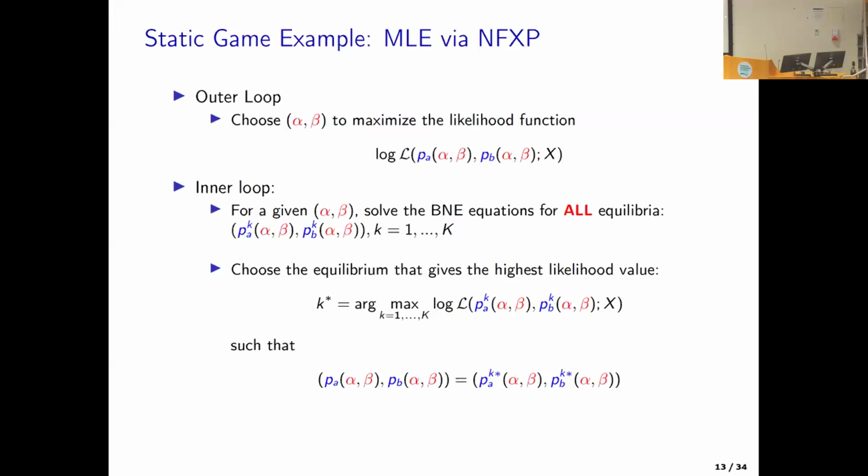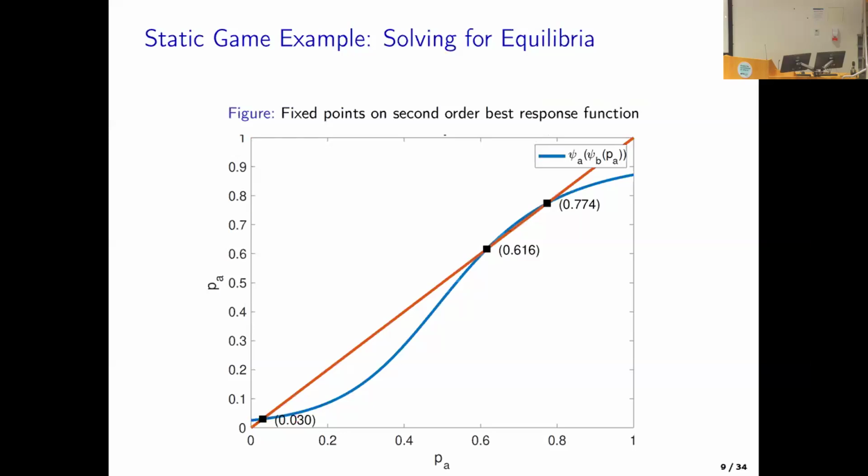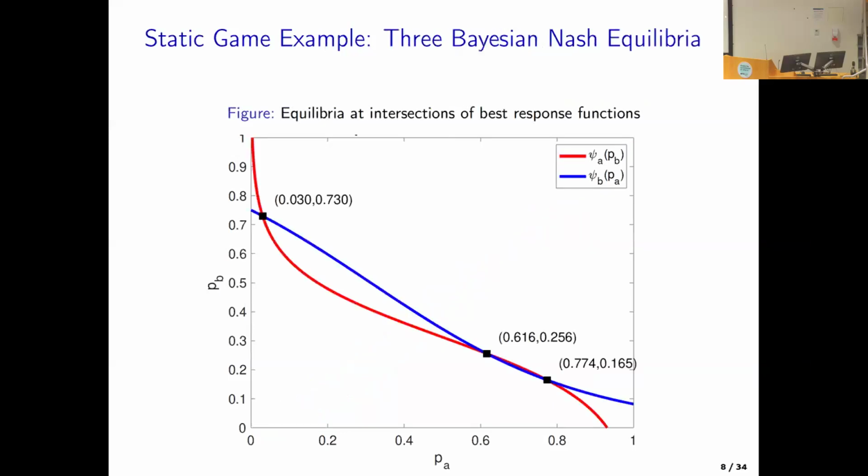Now let's go back and take a look at the likelihood function, okay? When I calculate the likelihood function and calculate the solution to these Bayesian-Nash equilibria equations, I might get, like, 3 different solutions here, okay? Or let's take this one here. This gives me the pair of choice probabilities.